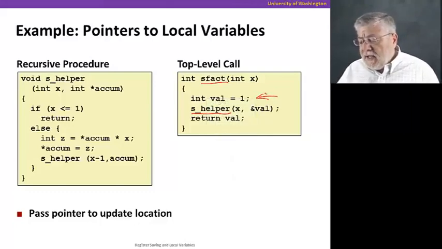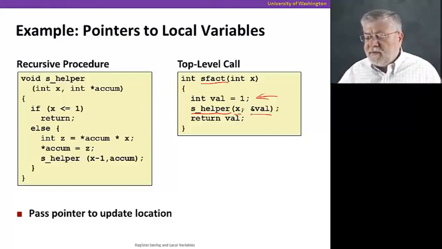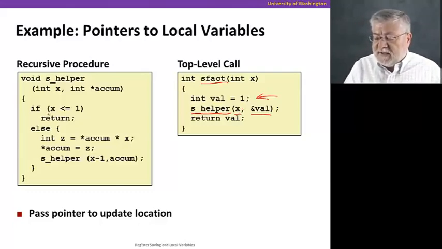And what we're going to do is pass a pointer to that value, an address, along with the value of the factorial we want to reach, x, and pass that to a helper function, which is defined here on the left.